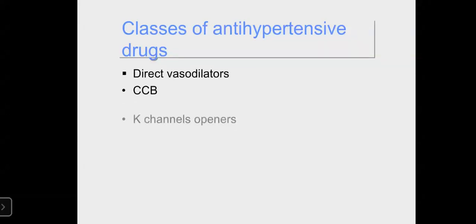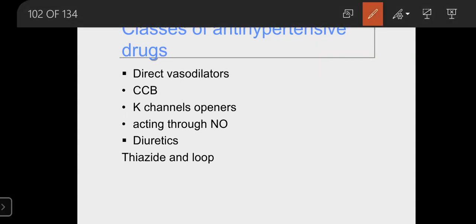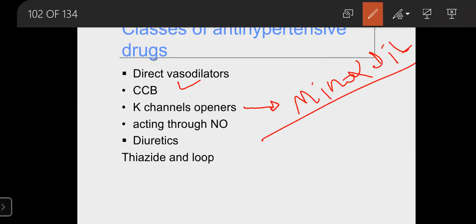These are direct vasodilators, and diuretics are thiazide and loops. You all know calcium channel blockers. Potassium channel openers are like minoxidil. It's a medication, and it's a potassium channel opener. And acting through nitric oxide, vasodilators like hydralazine and nitrates.